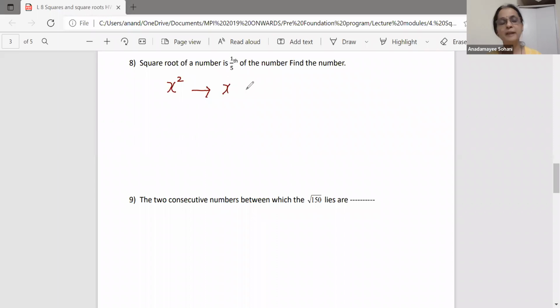And if the root is x square upon 5, I will directly get 5 is equal to x square upon x, that is x. And now what is my number? Square of x. So x will come 5. I don't have to do that root x cancelling.